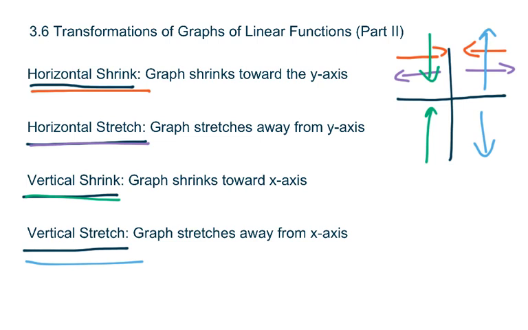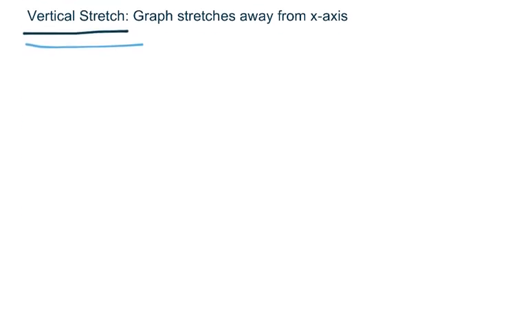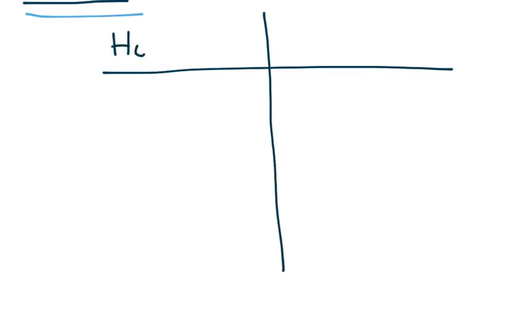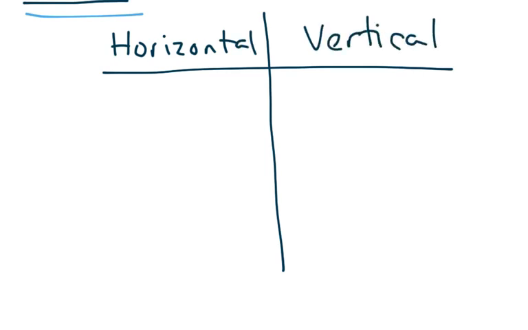Now, if you remember in the first video, I made a couple of tables, and I've got another table here for you for stretches and shrinks. Horizontal will be on the left, vertical will be on the right. For a horizontal shrink, the notation is y equals f of ax.